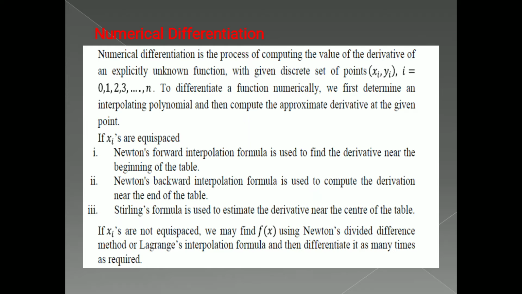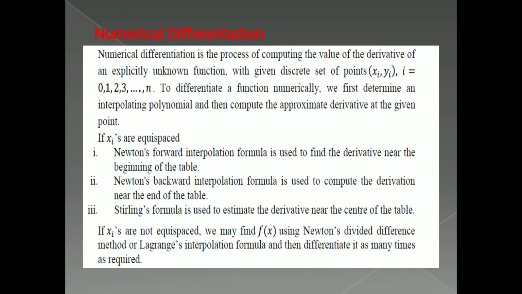If the xi's are not equispaced, it means that the given set of values of x are not equidistant, then we may find f of x by using Newton's divided difference method or Lagrange's interpolation formula, and then differentiate it as many times as required.